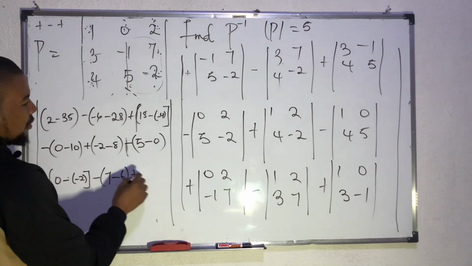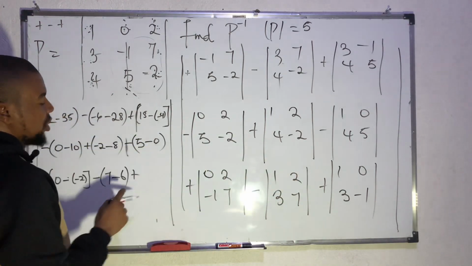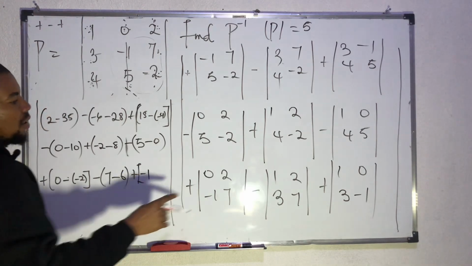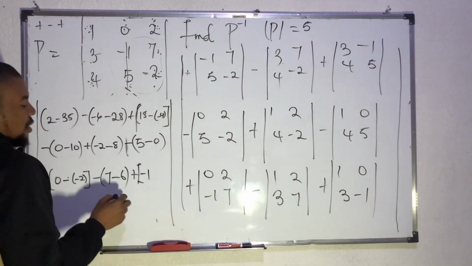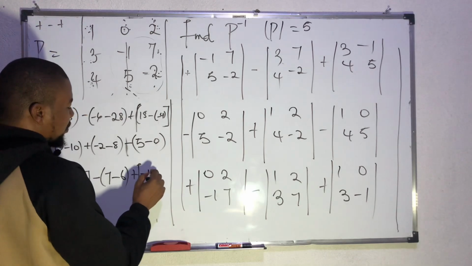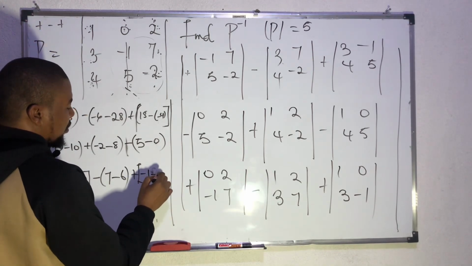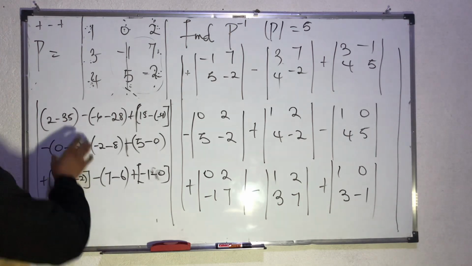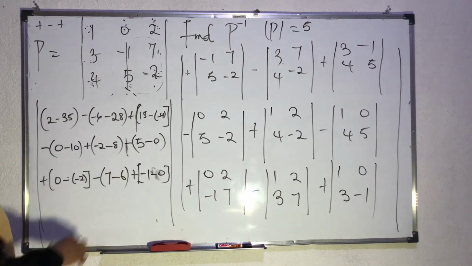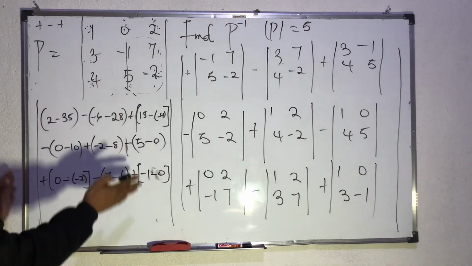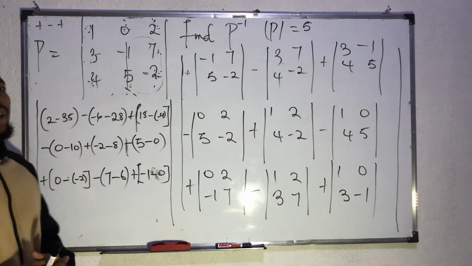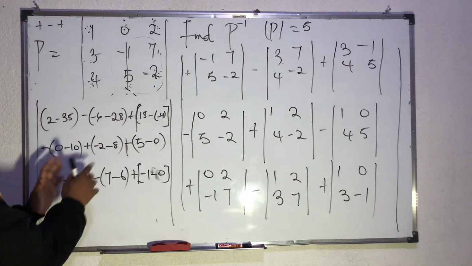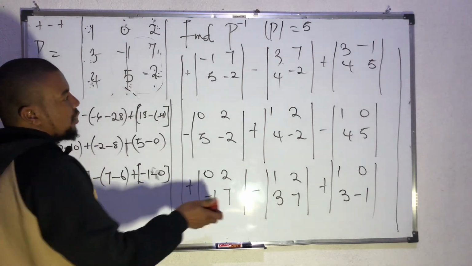And lastly, negative 1 multiplied by 1 gives us a negative 1. 3 multiplied by 0 gives us a 0, minus 0. All right. Now we're going to simplify this expression inside this, would I call it a bracket or a box? Now, whatever we get becomes the cofactors, right? So let's go ahead and simplify all this inside.